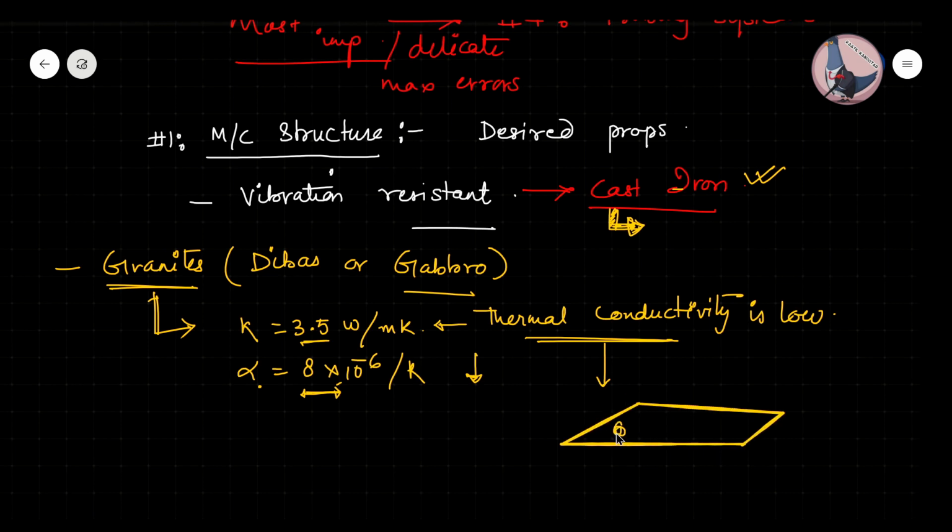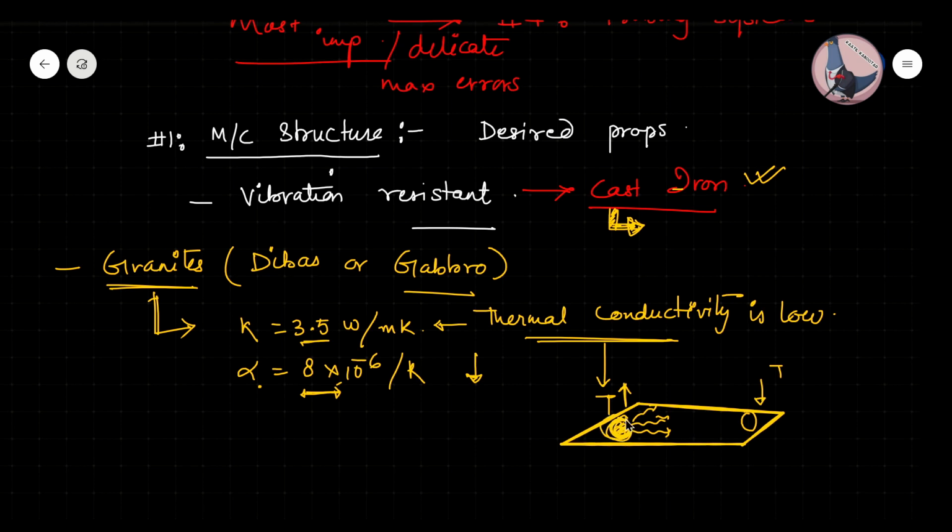Now at this point there is some temperature rise. So the heat will not be transmitting to the other parts of the area. So here the temperature will increase, and here the temperature will be less. Because this K is very less, the conduction of heat in this machine structure will take place very slowly.